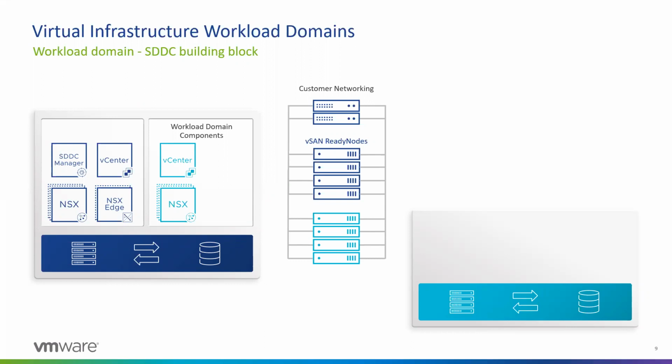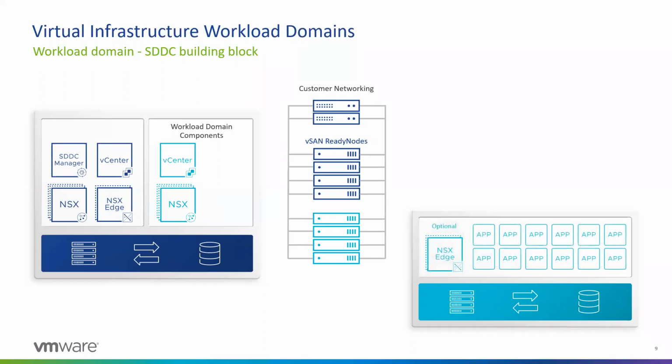There are many. For example, for some customers, we are doing different workload domains based on the SLA requirements. We divide them into tier 1, tier 2, tier 3. So there is different hardware, different teams are responsible for that. We create workload domains also based on the workload type. So maybe in the first one, those bluish servers, and in the second workload domain, maybe we are running Horizon desktops.